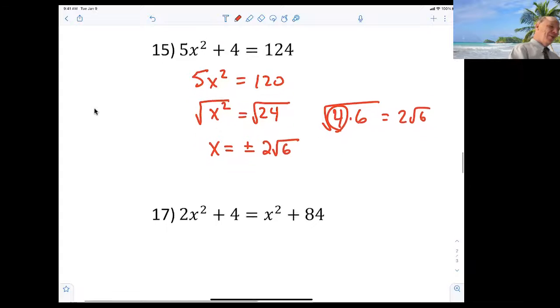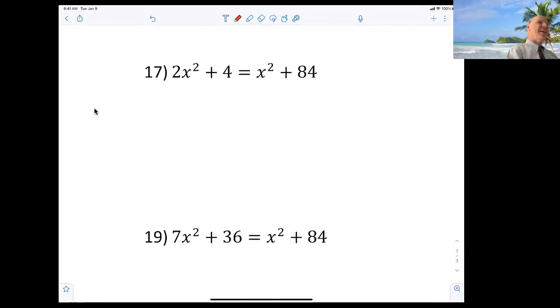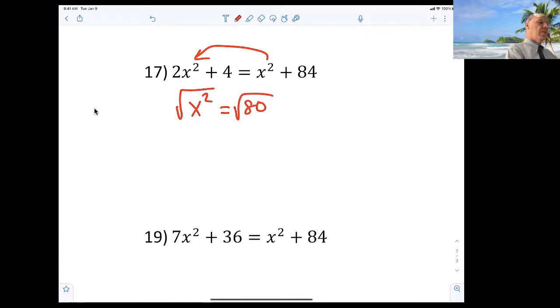Here we go. Now, isolating the x squared. I have to move an x squared over with the other x squared, so that leaves me x squared subtracting 4 equals 80. So square root, which is 4 radical 5.